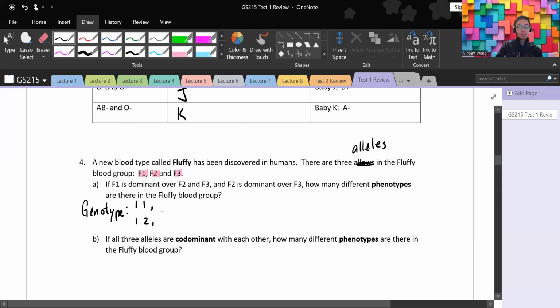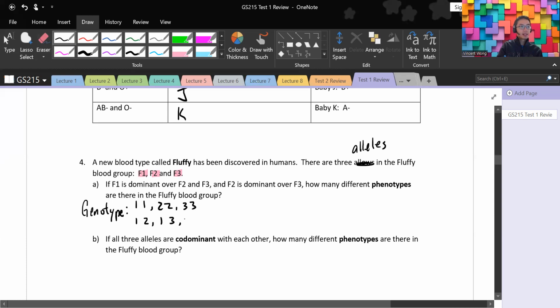Good. What else? A 1 and a 3 from Mohammed. Yep. Okay. Anything else? It's just taking these 3 things and then combining them, right? So you can have a 1, 1, a 2, 2, and a 3, 3, and I'm missing one right here.